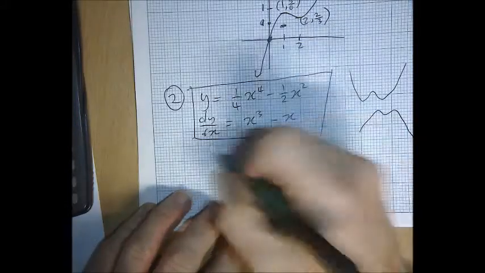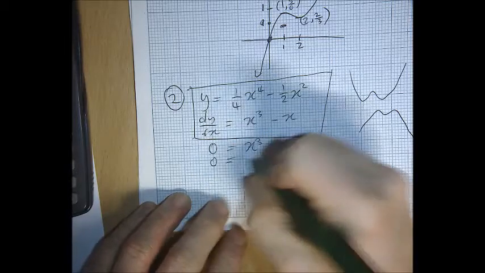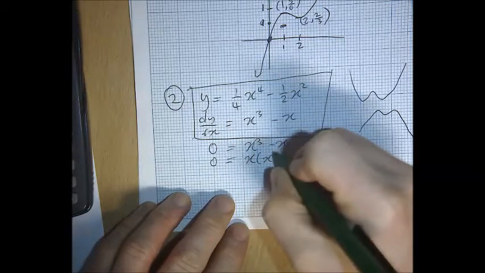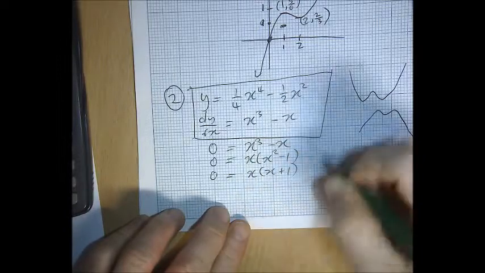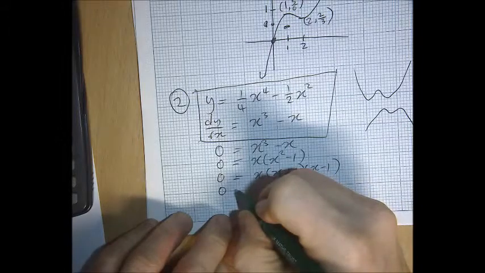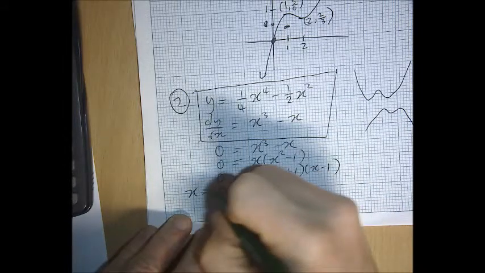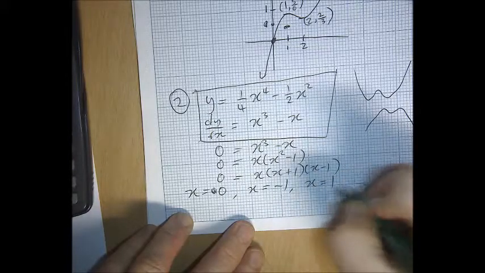Where is that flat? So it's flat if x equals 0, if x equals -1 or x equals 1.